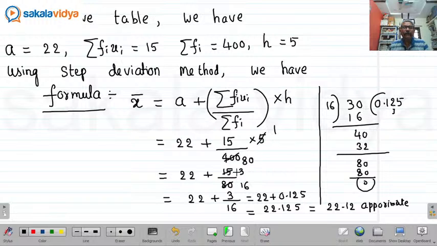This is 80. 5 threes are 15, 5 sixteens are 80. 16 is there. 22 plus 0.125 is 22.125, 22.12 approximately. Right, this is the answer.